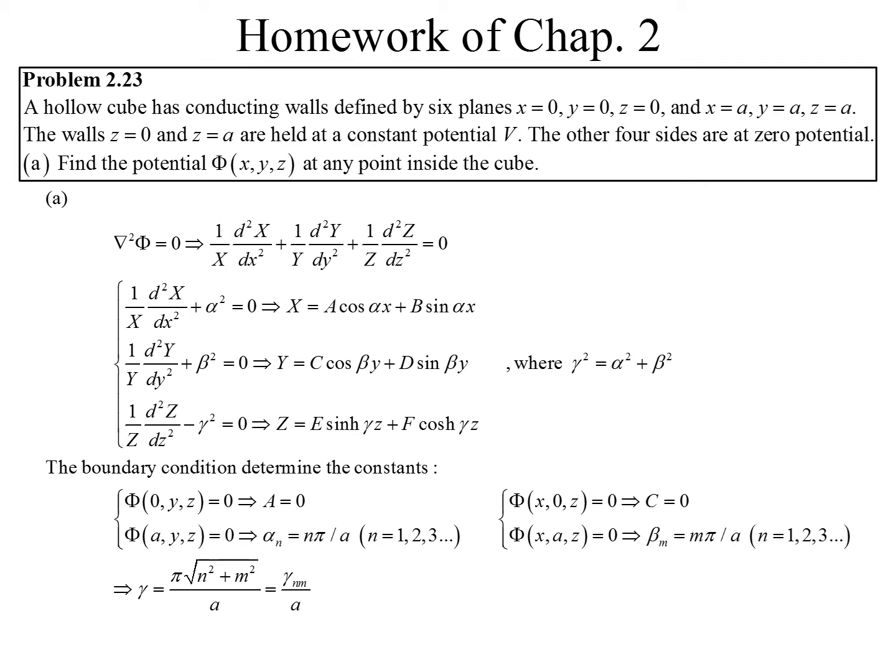First, we solve the Laplace equation for this cube, and we use the boundary condition that the four sides are at zero potential, and then we can roughly get the potential formula.